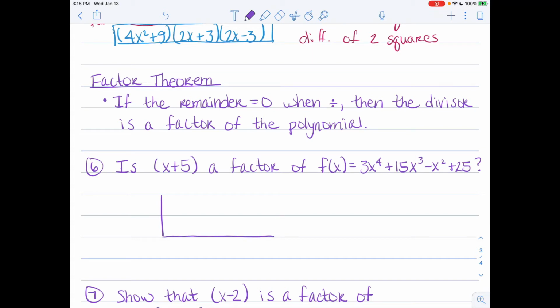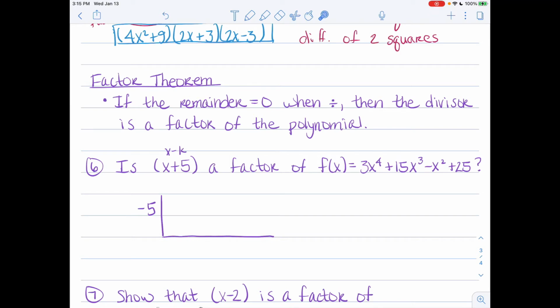And I want to ask myself, what is the k value? Based on seeing a positive 5, remember that k is a negative 5 because it's x minus k is the expression for our divisor. All right, next thing I want to do is check this polynomial and see if I'm missing any terms.